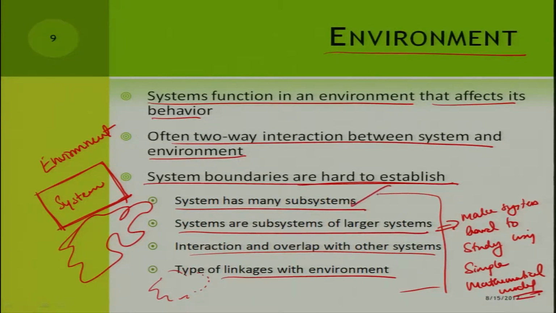So having many subsystems, a system being a subsystem of a larger system, the interactions and overlaps with the neighboring systems as well as subsystems, and the linkages with the environment, all these factors together contribute to the complexity of the system, because you cannot clearly establish the boundary of the system. And since you cannot establish the boundary of the system clearly, or it's hard to establish it, you cannot really come up with a closed form mathematical model to do this.